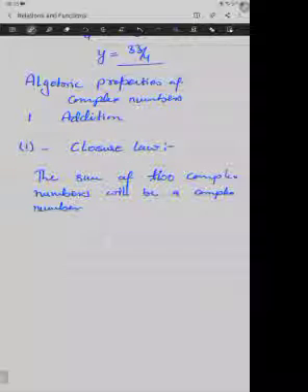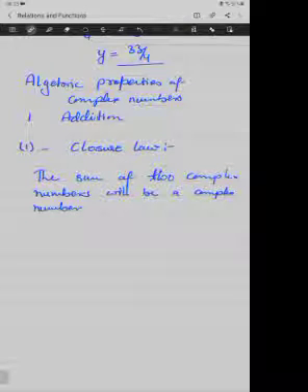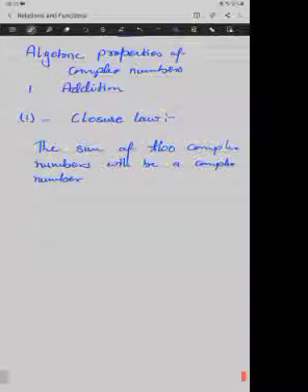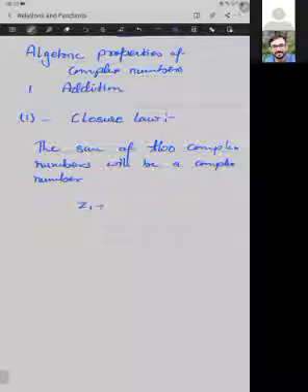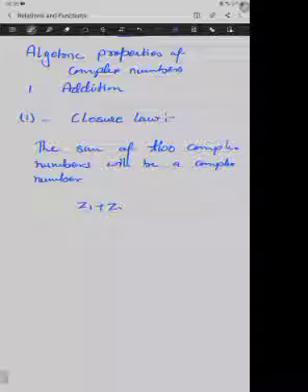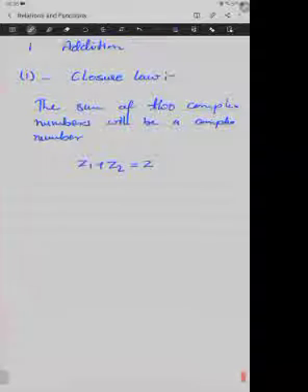Like in the junior classes 6, 7, 8, we used to study that the sum of two natural numbers will be a natural number, the sum of two real numbers will be a real number, the sum of two integers will be an integer. So the same is closure law. The sum of two complex numbers will be a complex number, meaning Z1 plus Z2 will be Z.